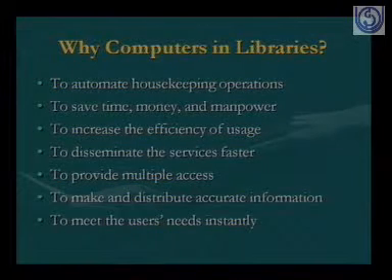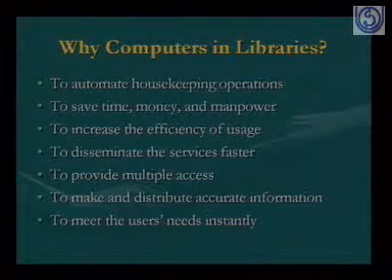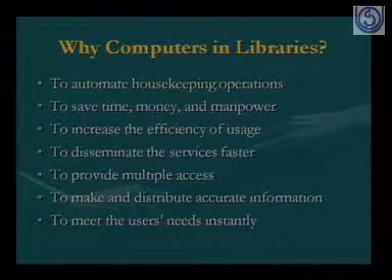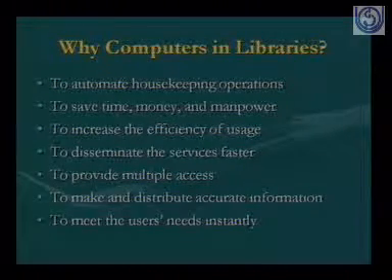It simplifies really. Then serials control. Serials control comes under the periodical section. That is the toughest section in the library, because the periodicals that libraries subscribe to are of different types in nature. One may be weekly, the other bi-weekly, monthly, fortnightly, quarterly. There are so many things.